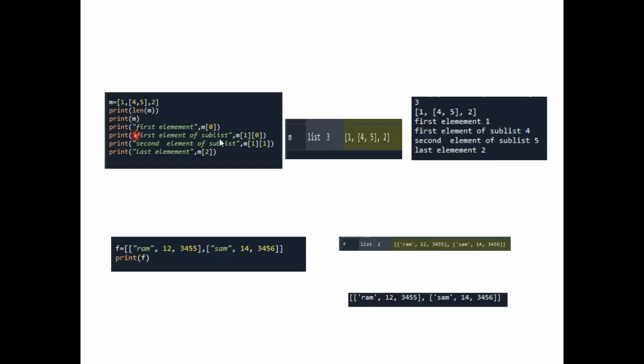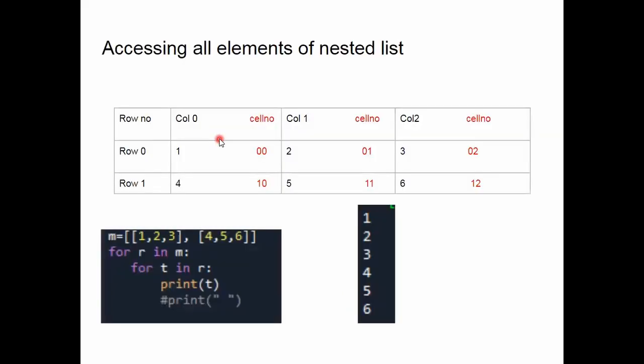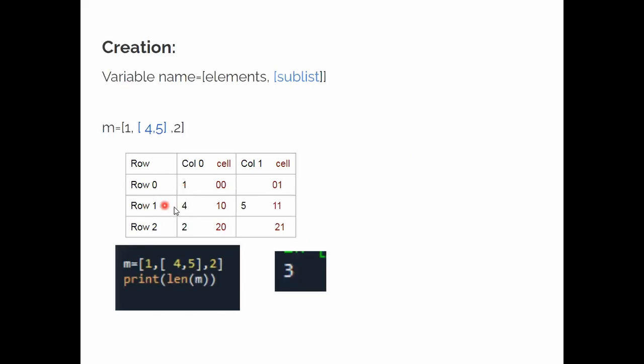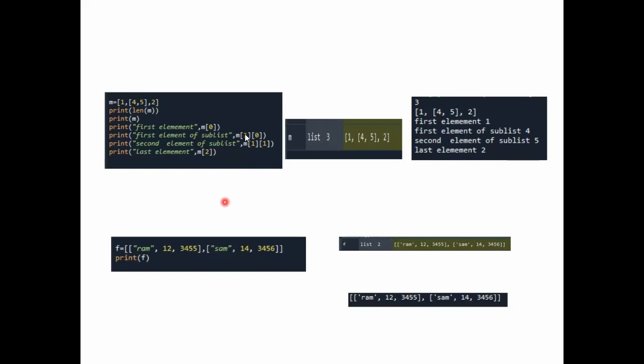Now the first element of the sublist. Where is the first element of the sublist present? It is present in row number 1 and column number 0, having the cell number 1 0. This will be treated as your indices, so the indices will be 1 and 0. How are we going to write it down?